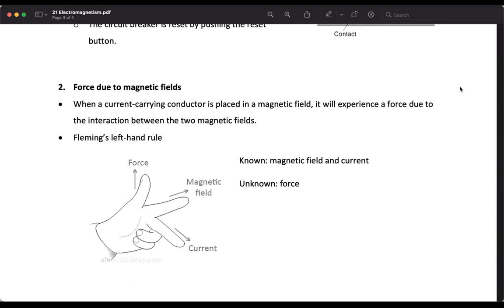Okay, how my student taught me when I was a school teacher. M stands for this. C stands for this. Go and guess what F stands for. I think you all will not forget forever already, right?